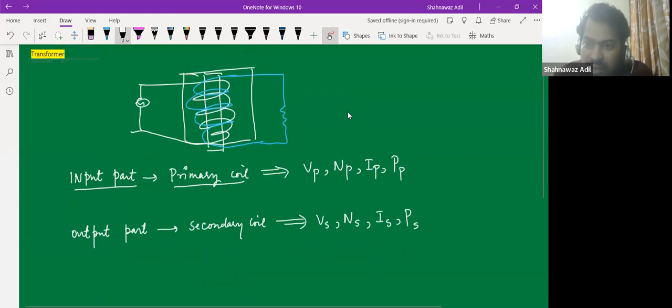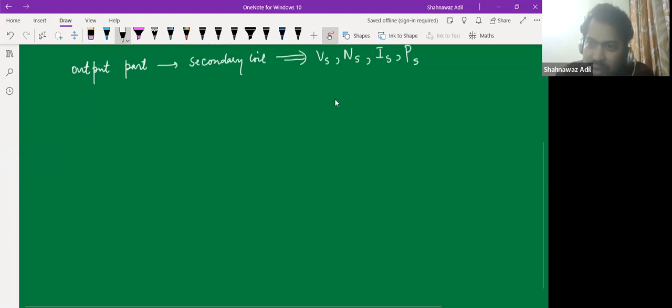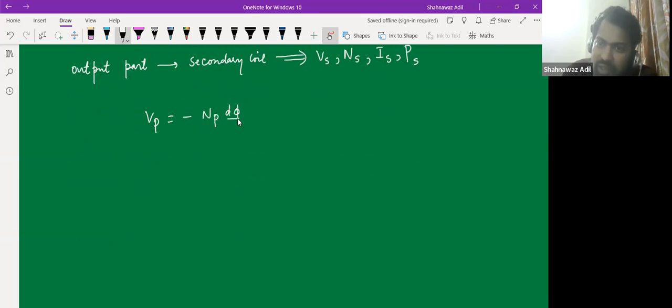And then we know that this is the input that we are providing. So what would be the EMF that would be generated in the primary coil? That would be minus Np d phi by dt from Faraday's law, right?